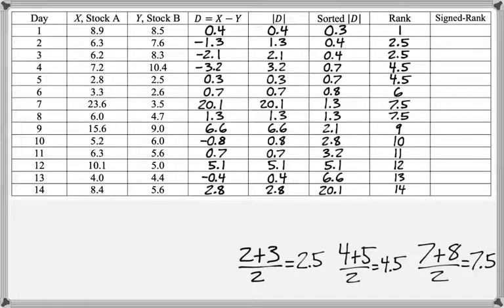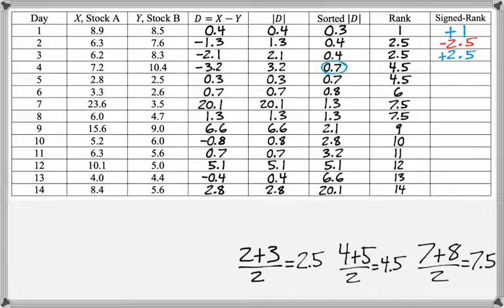To get the signed rank, we need to apply the original sign of the difference to the rank. So 0.3 was positive, so this will be a plus 1. One 0.4 was negative, and the other 0.4 was positive. So we have a negative 2.5 and a positive 2.5.